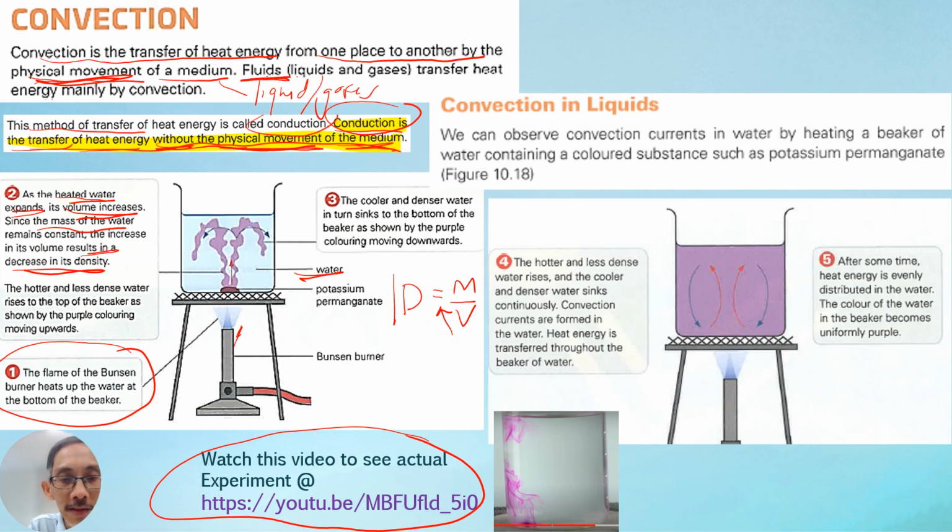The density will decrease. What it means is that the water that is heated, or the water that is now hot due to the fire, will become less dense. And the understanding will be, if you see the video, it will rise up.